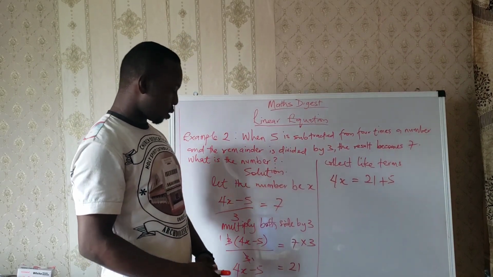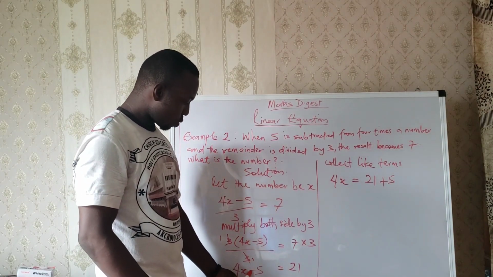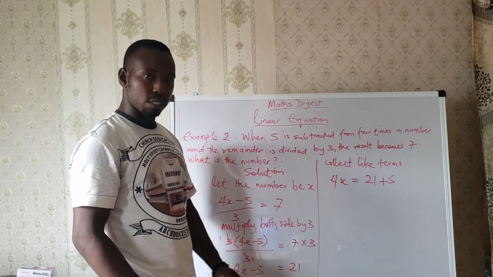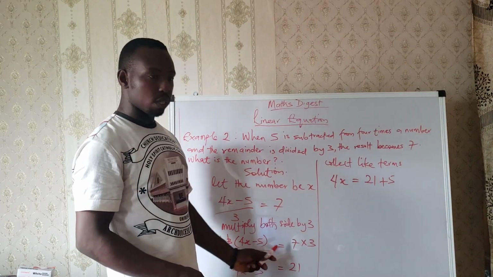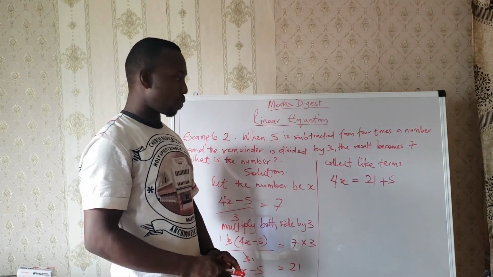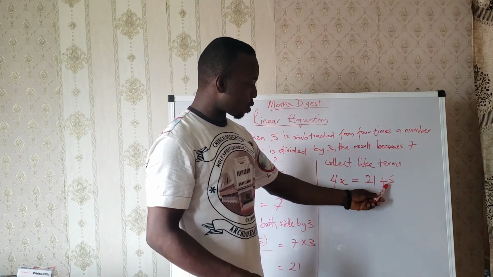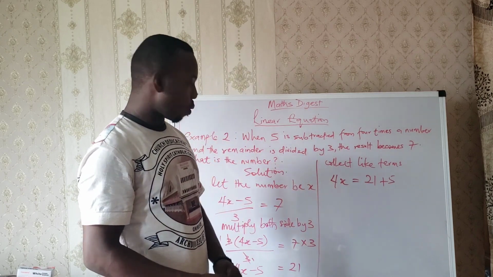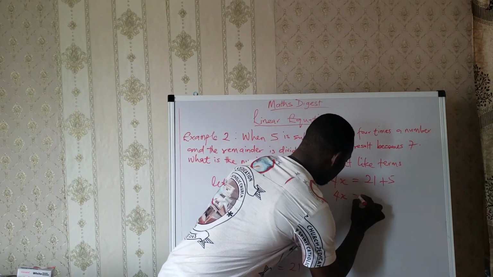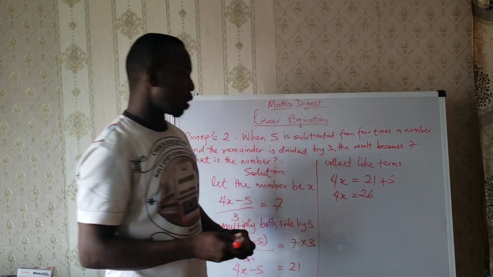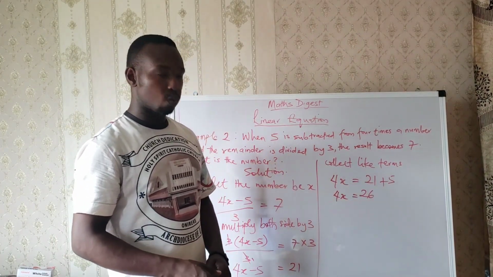And remember what I told us in the last example, that if a minus sign crosses the equality sign, it changes to plus 5. If it's plus and it crosses the equality sign, it changes to minus. So 4x equal to 21 plus 5. Going forward, we have 4x equal to 26. 21 plus 5 is 26.